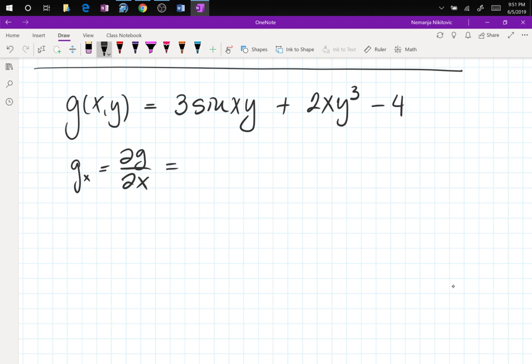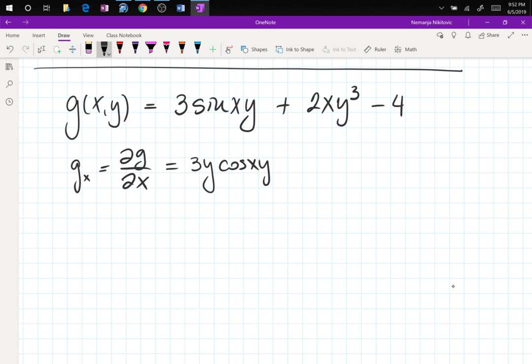All right, so if I am taking the derivative in respect to x, I hold y as a constant. So derivative of sine is cosine, and I have to kick y outside through the chain rule, right? Because the y is the constant. So it's going to be 3y cosine xy.